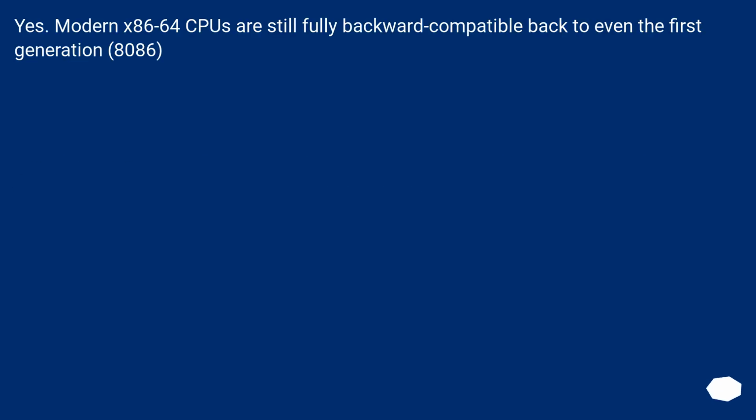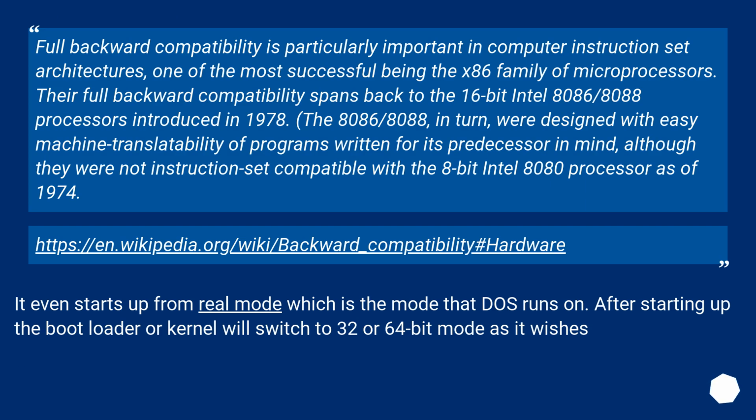Yes. Modern x86-64 CPUs are still fully backward compatible back to even the first generation, 8086. Full backward compatibility is particularly important in computer instruction set architectures, one of the most successful being the x86 family of microprocessors.